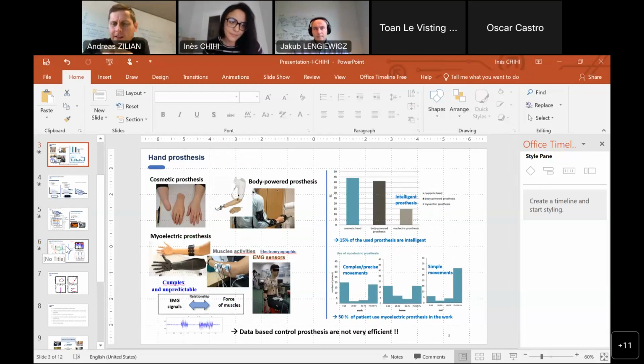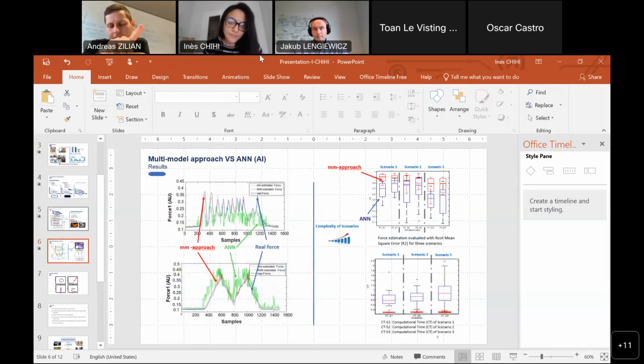But is the input for the ANN a time history of a signal, or is it the signal at some given instant of time? I don't understand your question. My understanding is you want the ANN to predict what the force is given some EMG signal.